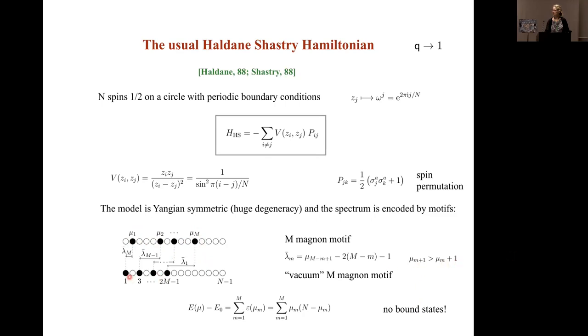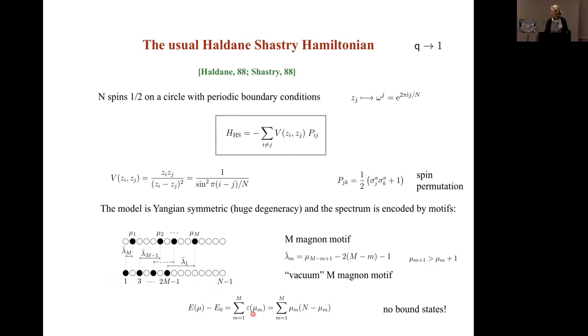The most packed way you can choose them is to fill every other orbital in this set of N-1 allowed momenta or rapidities.